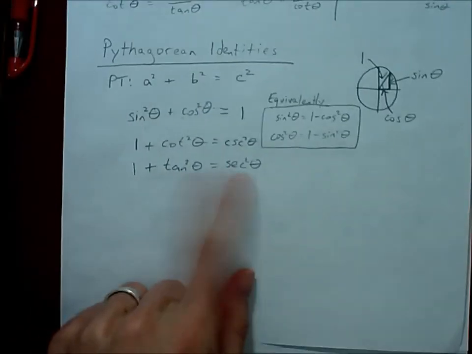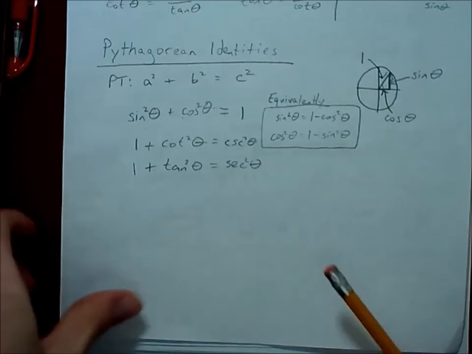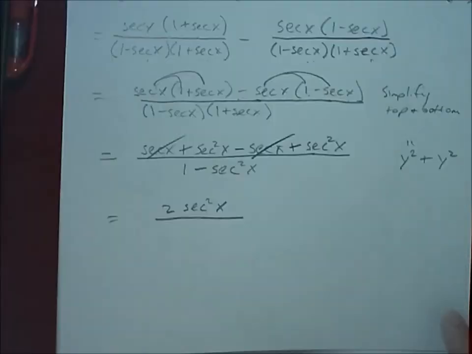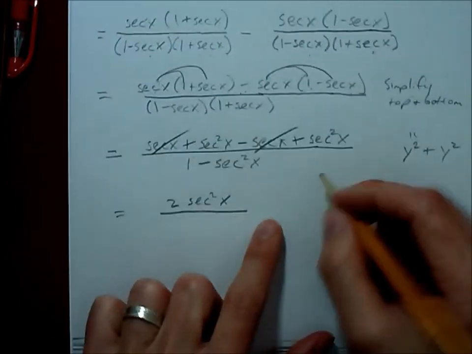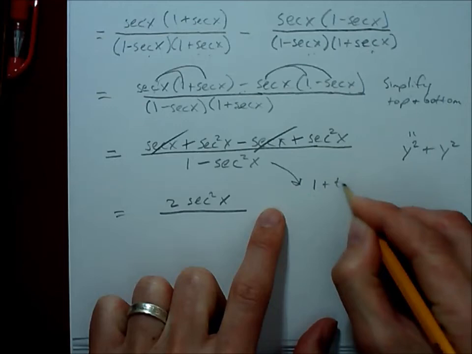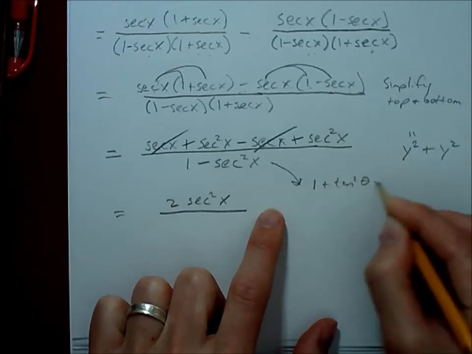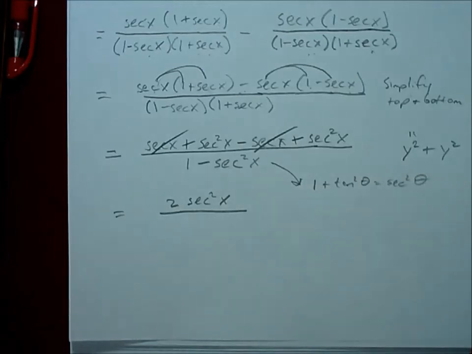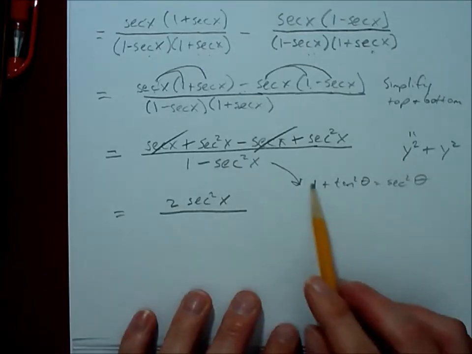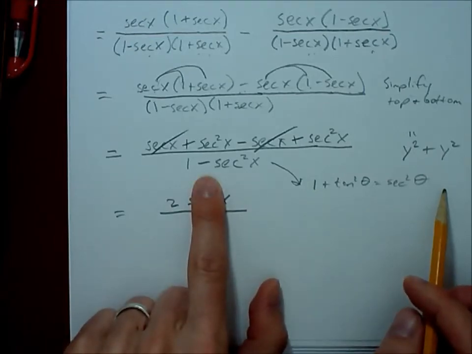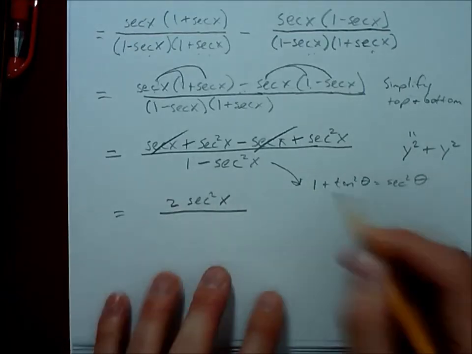So is there any way that we could rearrange this to get 1 minus secant squared? Okay. So let me write this on the same page. So we have 1 plus tangent squared equals secant squared. So you said subtract 1. We could do that. And that gives us secant squared minus 1, which is almost like 1 minus secant squared. So let's try it this way.